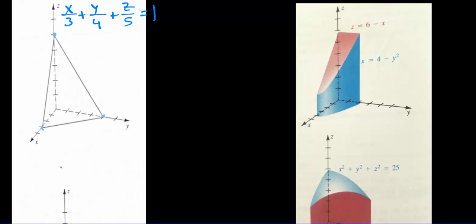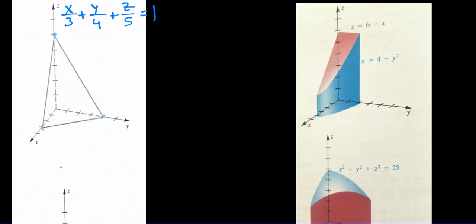Now, what we want to do is add up all these little rectangles on the xy plane. All the dx's times the dy: dx1 times dy1 plus dx2 times dy2.